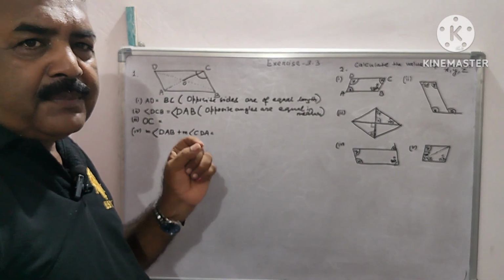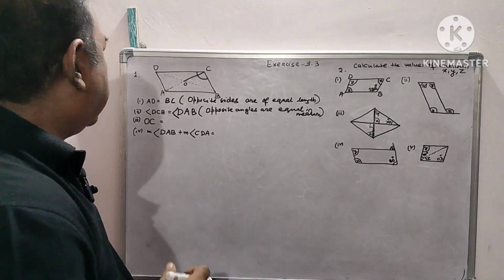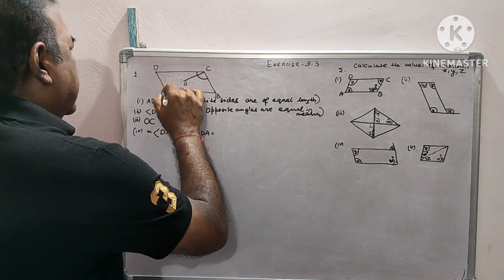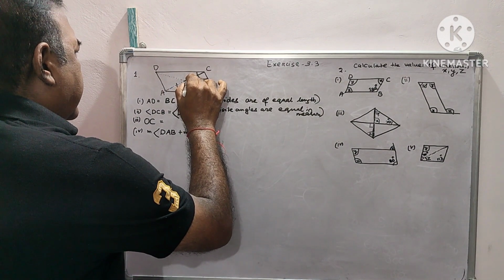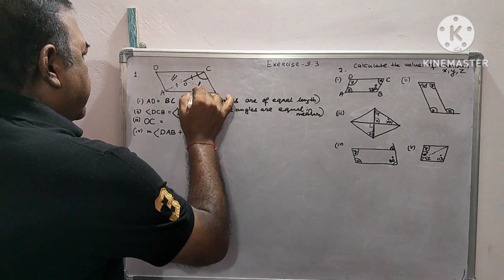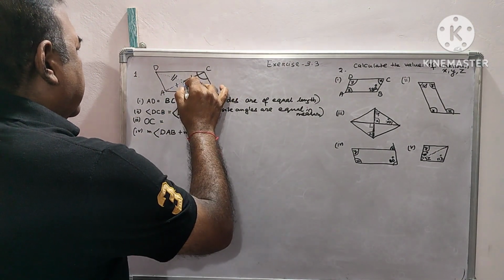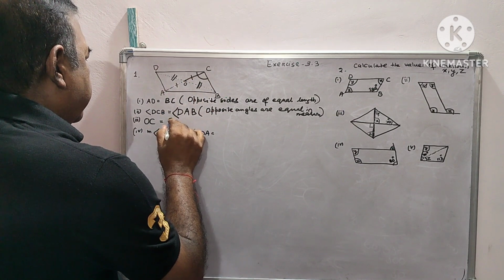So you see the length of OA is equal to the length of OC, and the length of DO is equal to the length of BO. So this length OC is equal to OA.